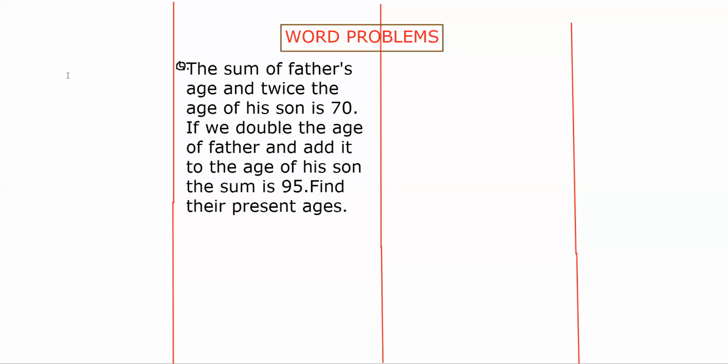There are certain words which represent certain mathematical symbols. Let us first see what those symbols are. Sum, we all know, represents addition. Difference means subtraction.